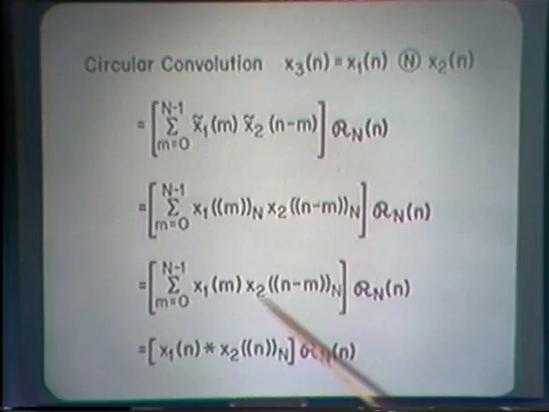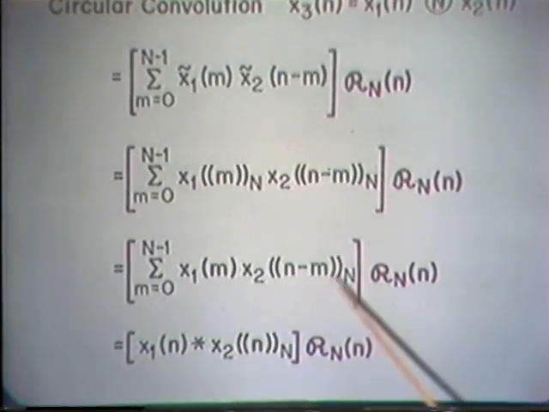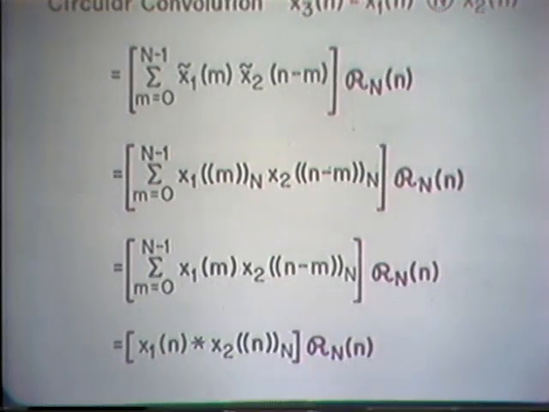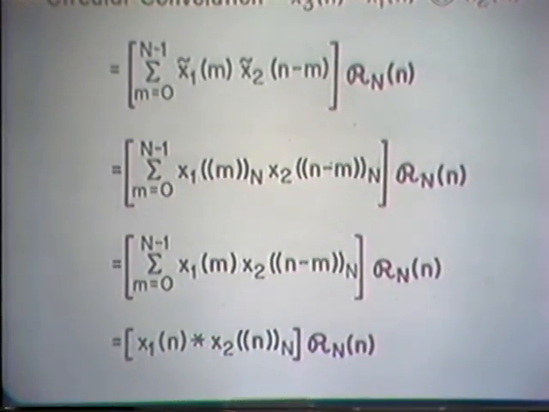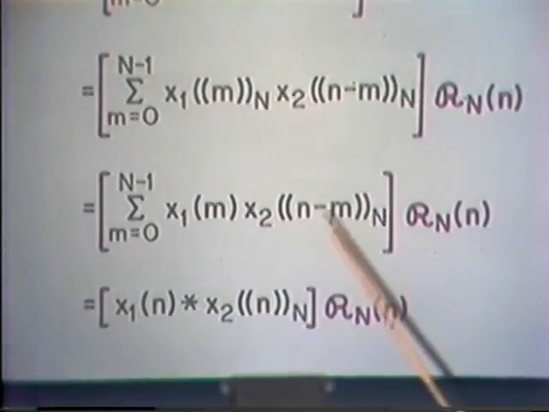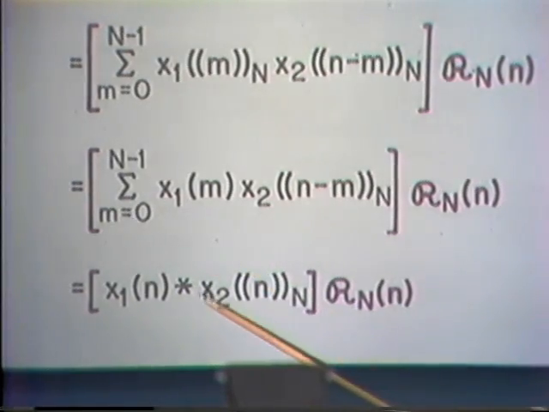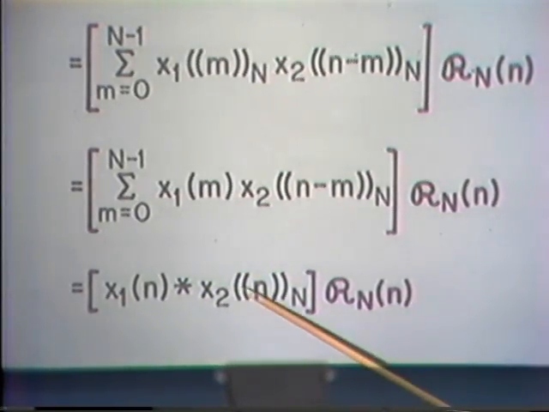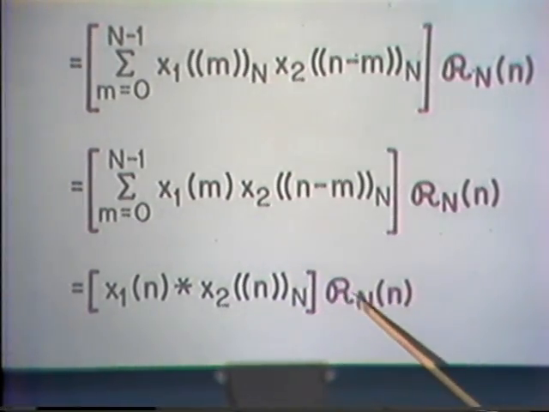We saw that we could express the circular convolution in this form, or equivalently, what this equation means can be interpreted as the linear convolution of x1 of n and x2 tilde of n, or equivalently x2 of n modulo capital N, and then one period extracted from that.